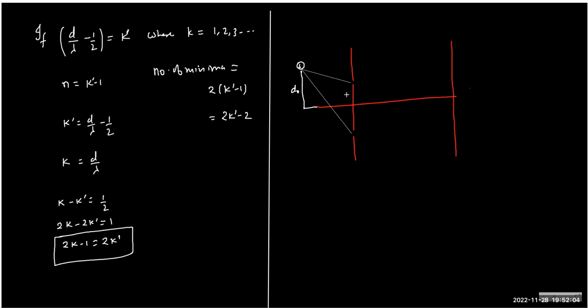So we have a path difference here, and now this path difference is fixed. Now this we cannot change because alpha is fixed, isn't it? Yes, sir. Alpha we cannot change.